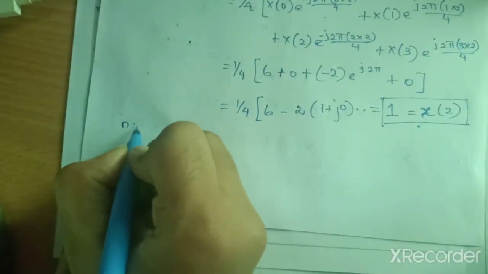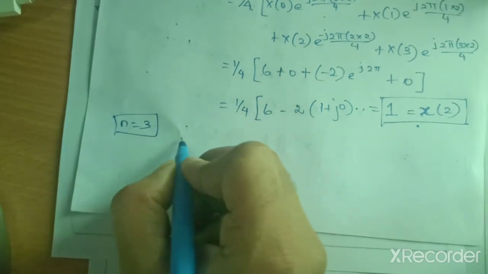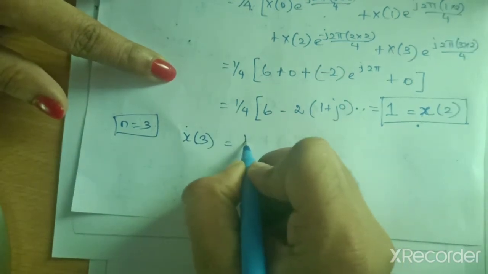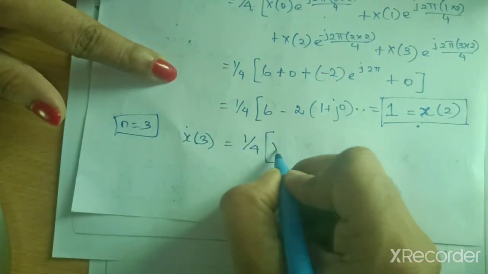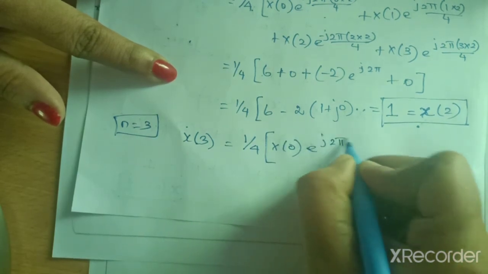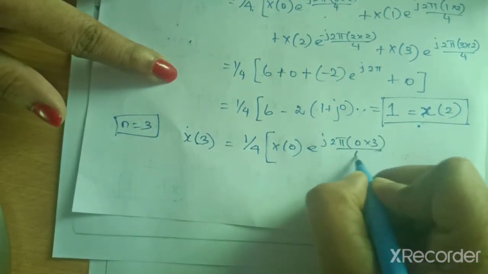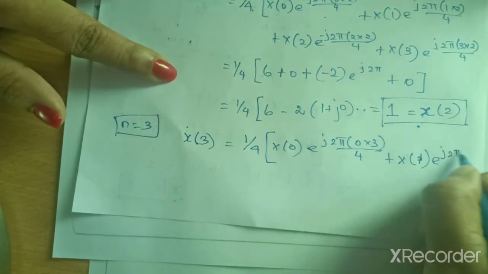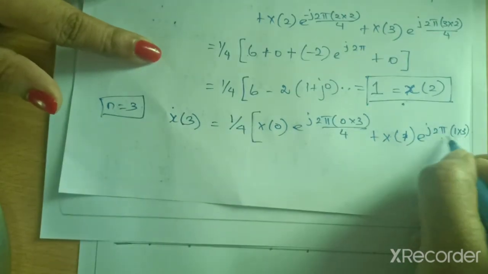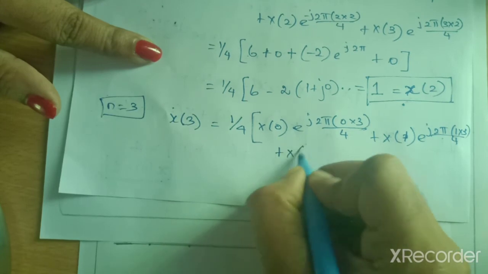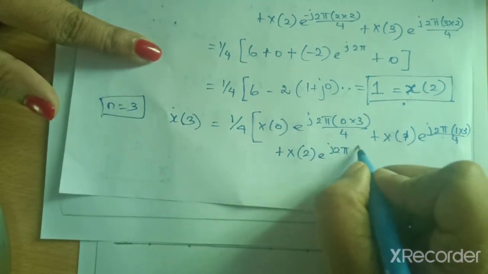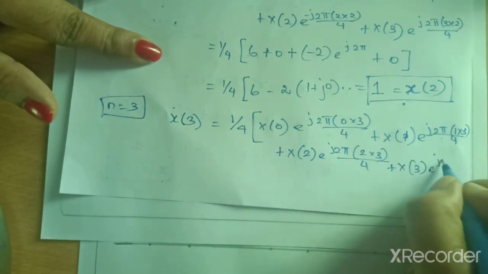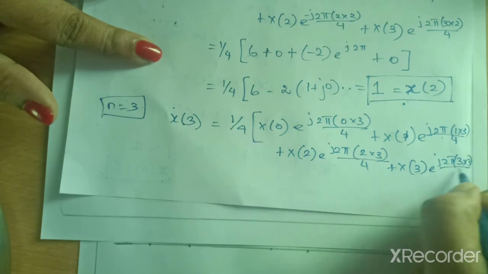Next you have to substitute the value of n is equal to 3. We can solve the equation as x of 0 e power j 2 pi into 0 into 3 divided by 4 plus x of 1 into e power j 2 pi 1 into 3 divided by 4 plus x of 2 into e power j 2 pi 2 into 3 divided by 4 plus x of 3 into e power j 2 pi 3 into 3 divided by 4.